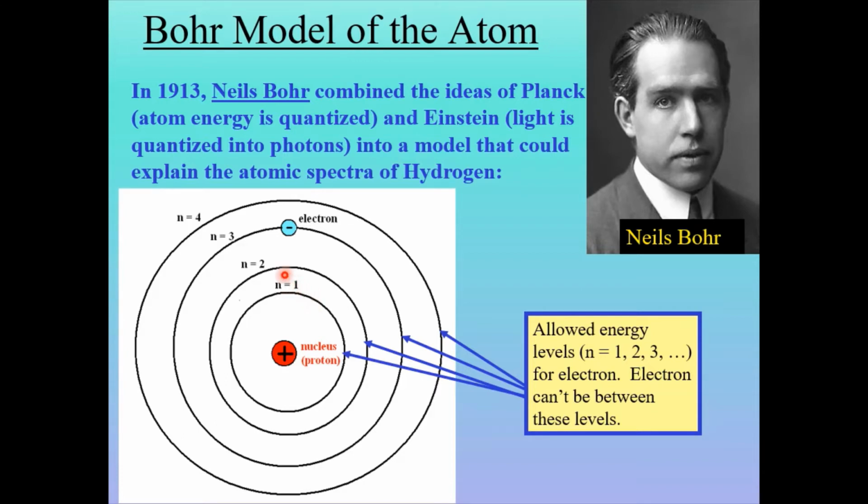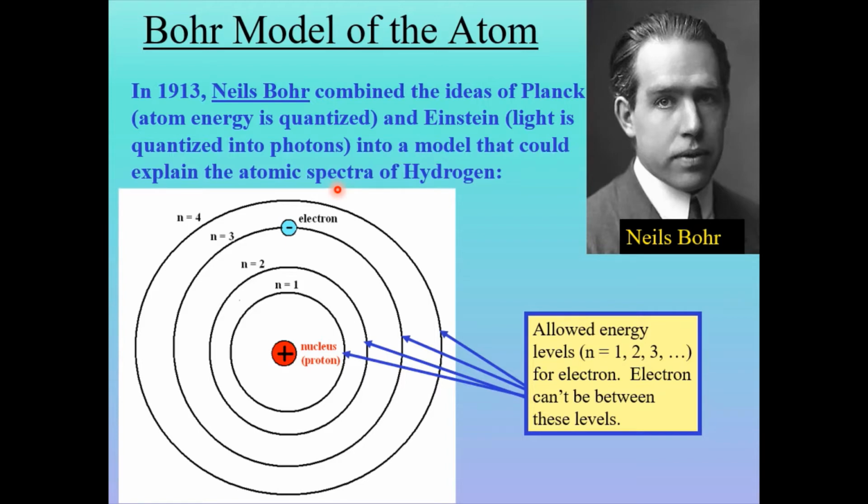And then the next step up is n equals 2, this level right here. So this is kind of like the second orbit. The next level up from that is n equals 3, where I have shown the electron in this picture. And then the one above that would be n equals 4, the fourth energy level. And it actually keeps going past that.